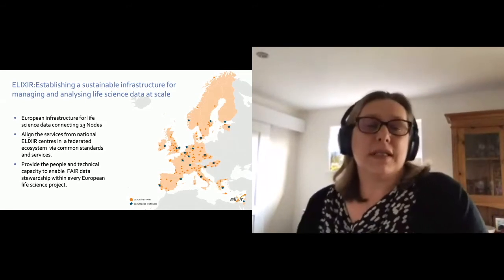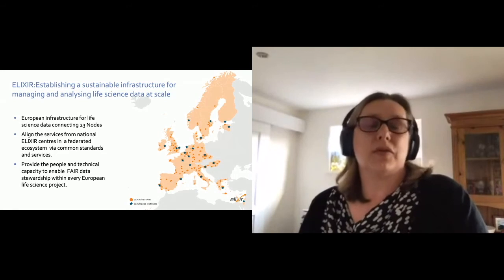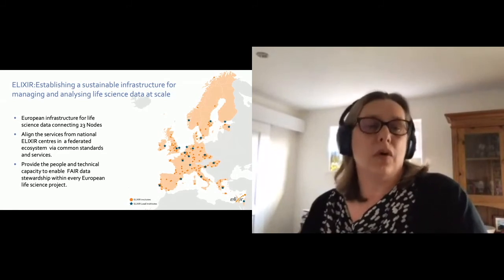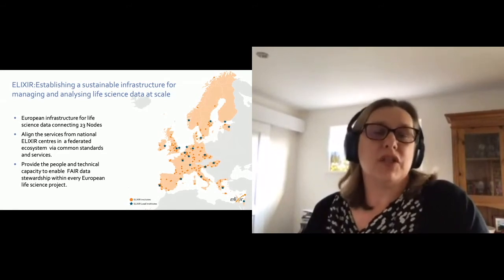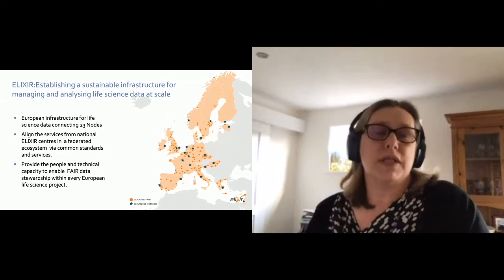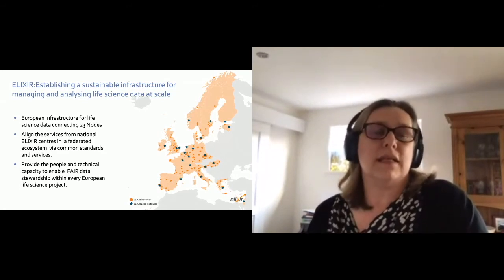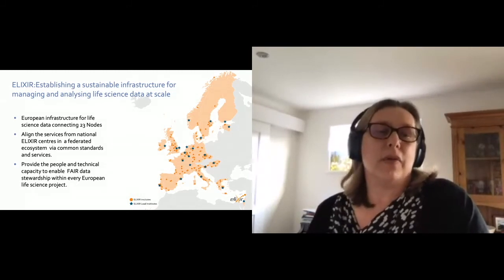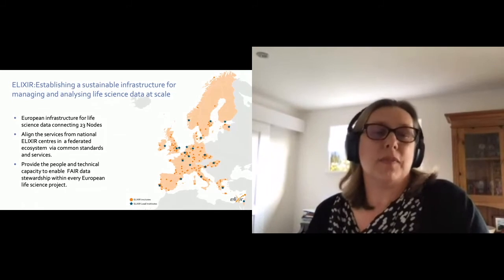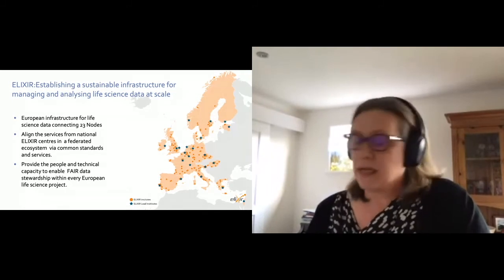As you can see from the diagram, we have 23 countries, but we have a lot more institutes. We have around 220 institutes leading in bioinformatics that take part. We basically provide the people and technical capacity to enable data stewardship around life science projects.